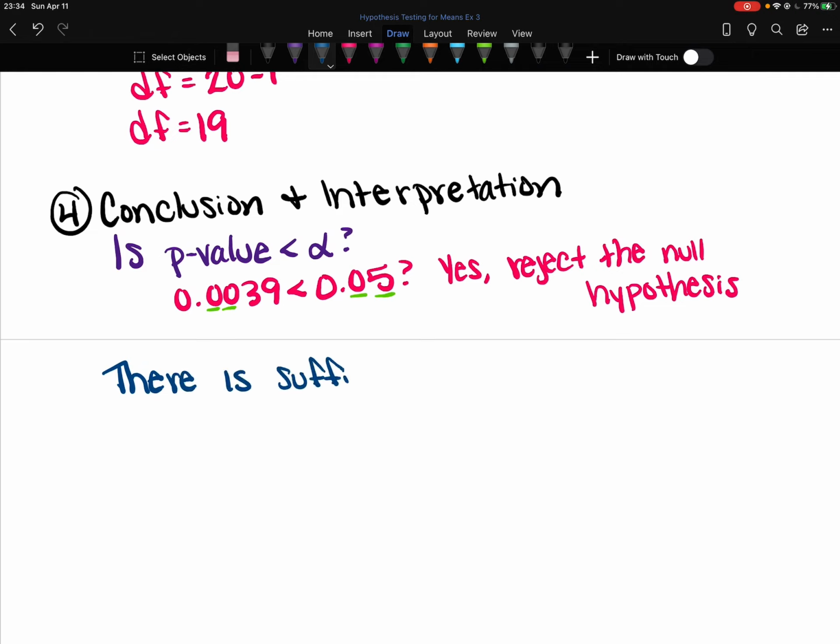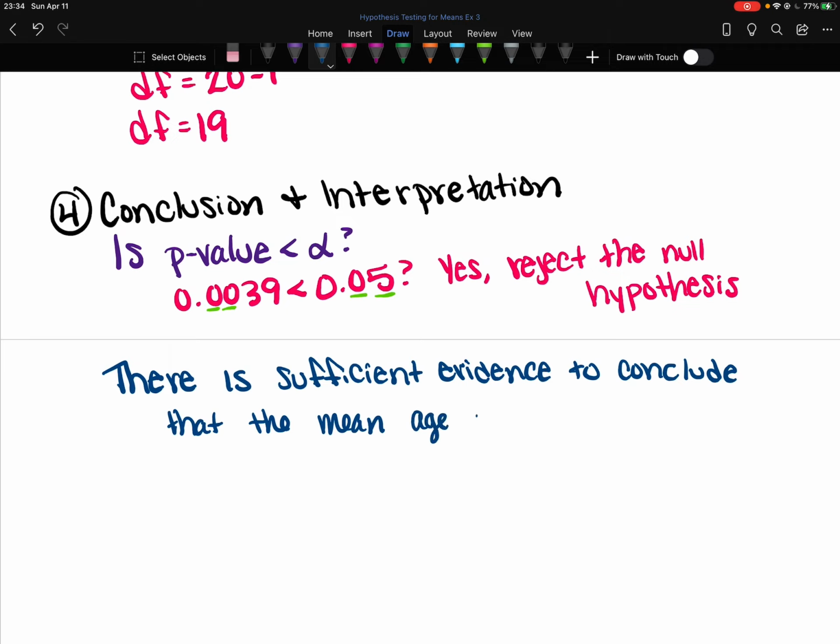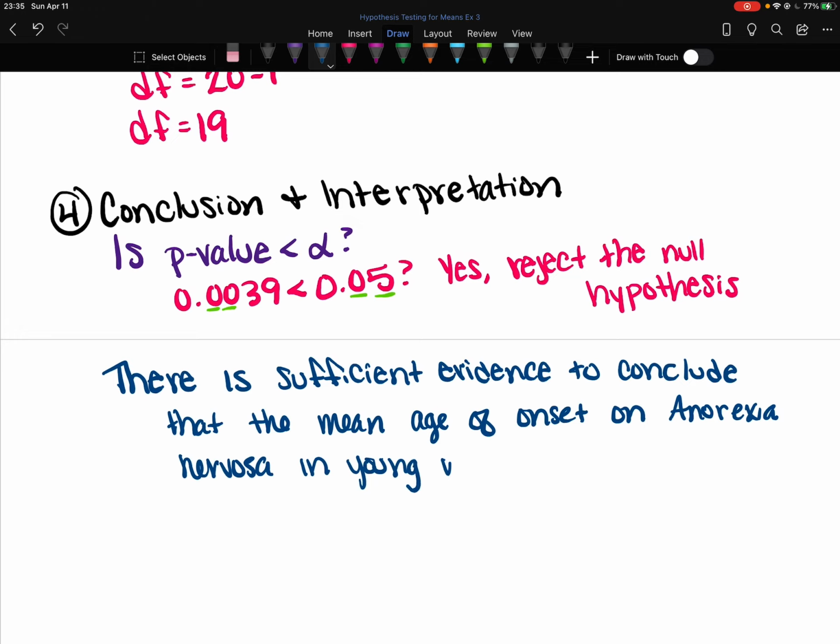There is sufficient evidence to conclude that the mean age of onset of anorexia nervosa in young women is less than 15 years old.